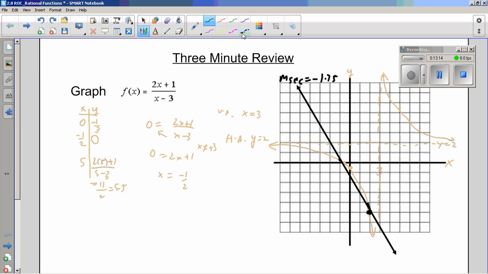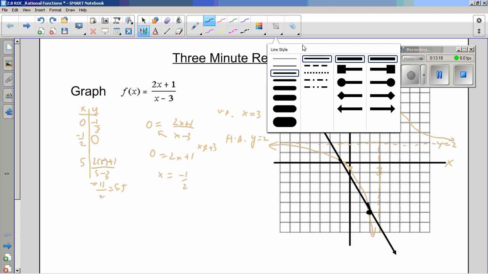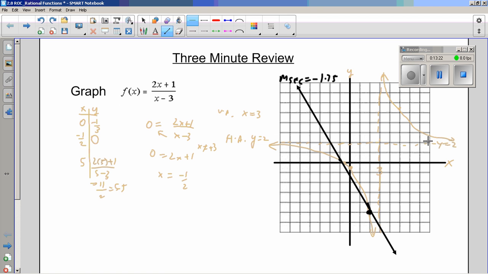Now, what about the tangent? The tangent, obviously I can't go way out to 100, but I'm going to pretend I can, and it's going to be a tangent that's really, really slow and negative. Really slow, almost zero. It's almost horizontal. It's almost zero, but not quite.